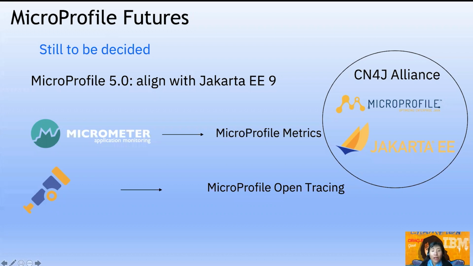And as you know, OpenTracing and OpenCensus merged into OpenTelemetry, so we need to align with OpenTelemetry under CNCF. Also, this year Eclipse set up the Cloud Native for Java Alliance to further build a strong relationship between MicroProfile and Jakarta EE. So we're working on that relationship as well.